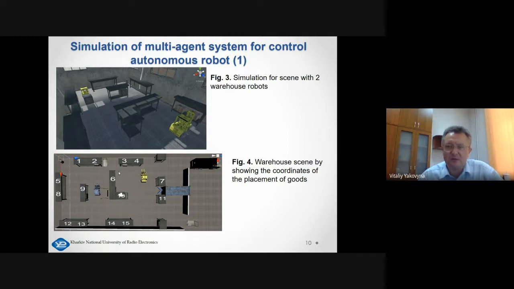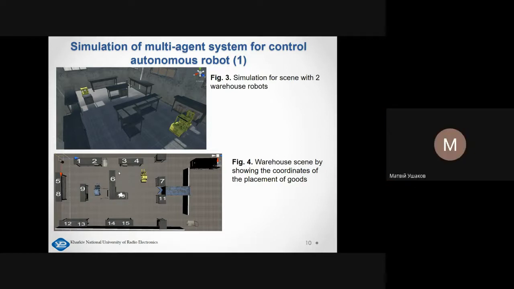Please, other questions? Maybe I have one question or clarification. You are dealing with navigation inside a building. Have you considered how your robots will perform a positioning task inside a building? Yes.